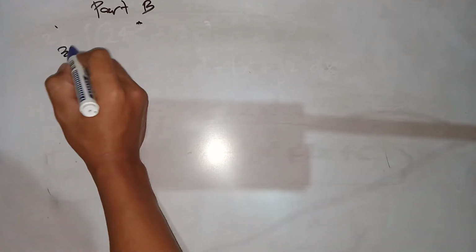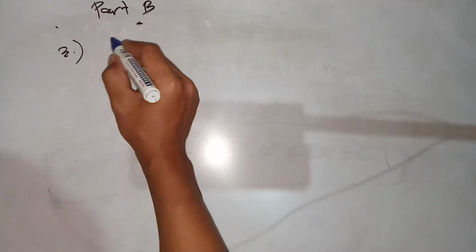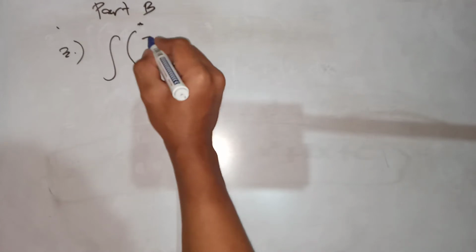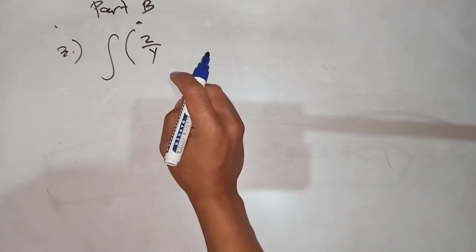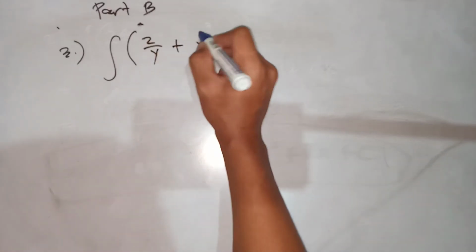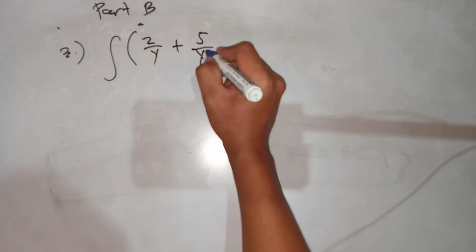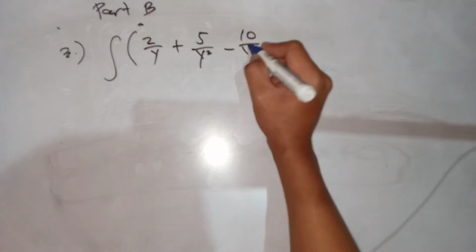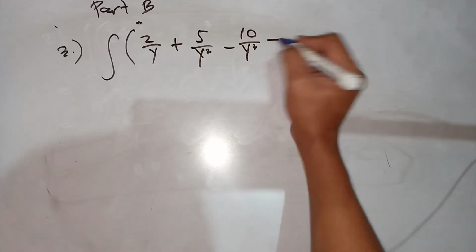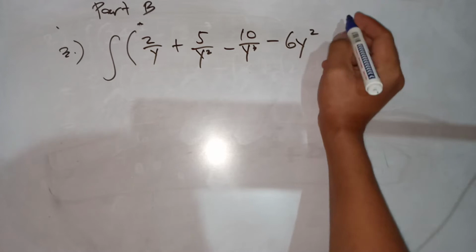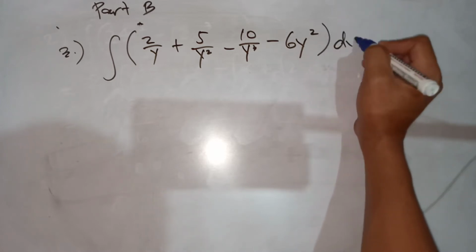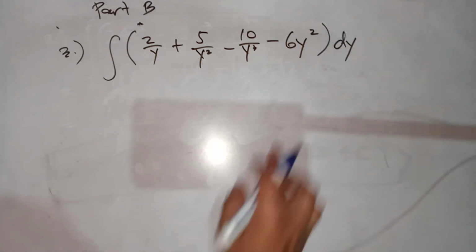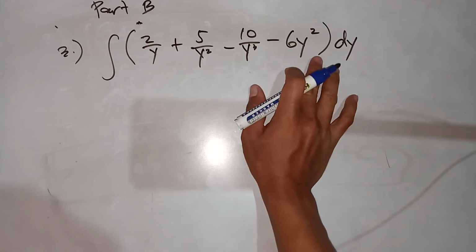We have item number 3. If we have the integration of 2 over y plus 5y squared over y squared minus 10 over y cubed minus 6y squared dy.